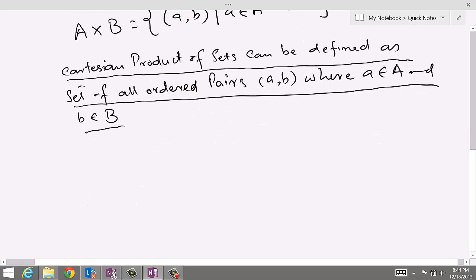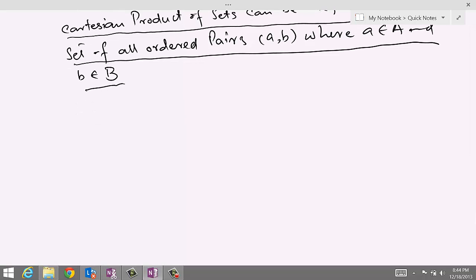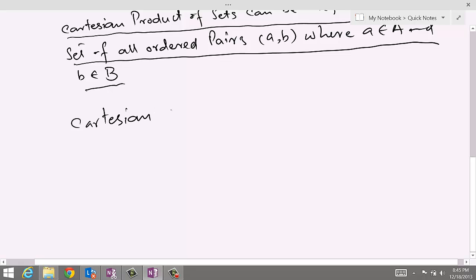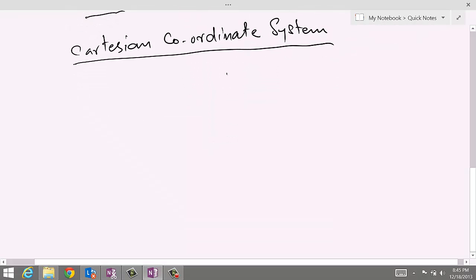And now, if these were sets of real numbers, how are we going to place them on graph paper? For this purpose, we have a system which is known as the Cartesian coordinate system. In the Cartesian coordinate system, we draw two lines.